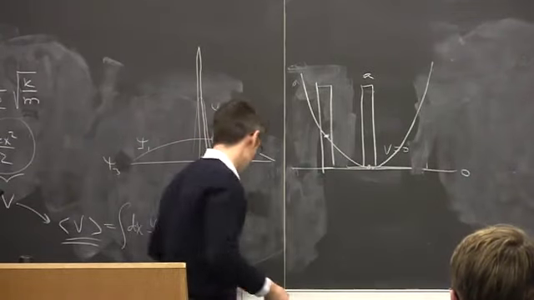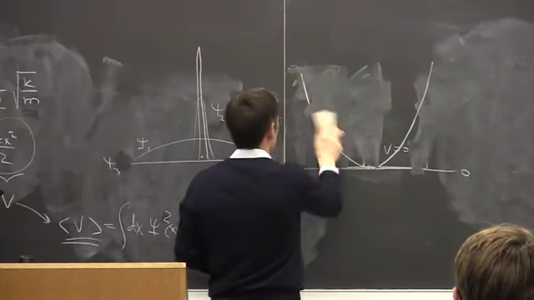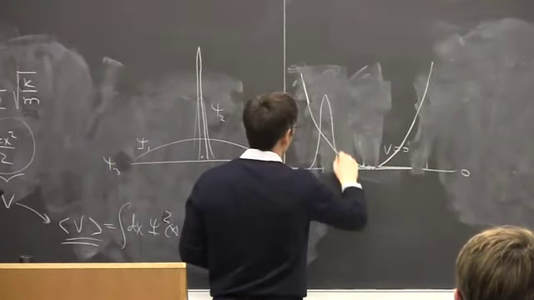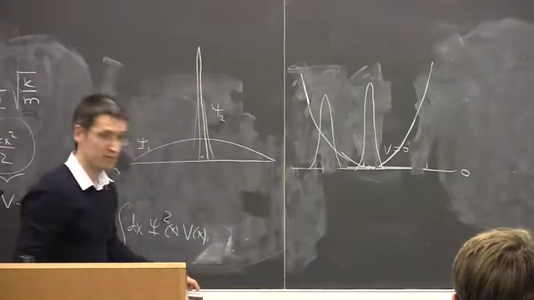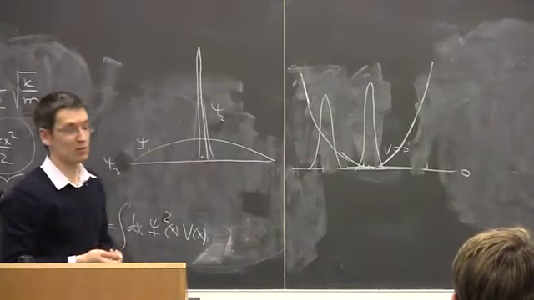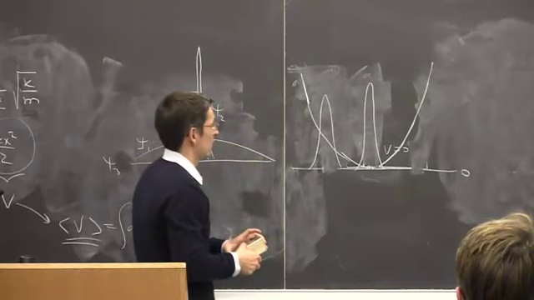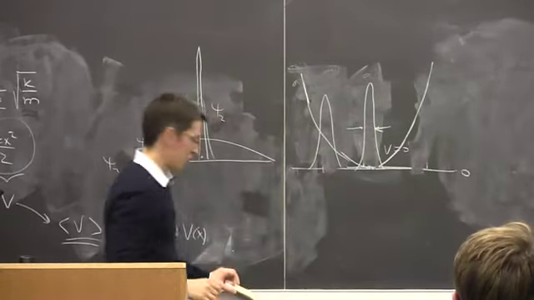Good. Now let's make it more complicated. Imagine you have not a rectangle but a normal function, which looks like a Gaussian. Where should I put the Gaussian? In the middle or somewhere else? In the middle, the same logic, right? Now imagine I can play with the width of the Gaussian. What Gaussian should I take?